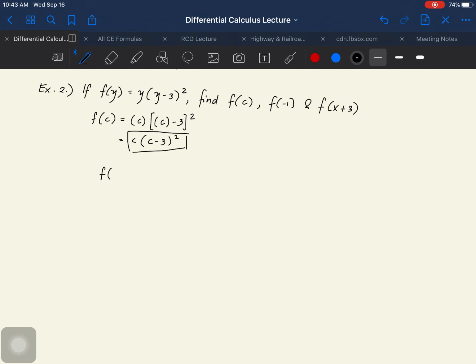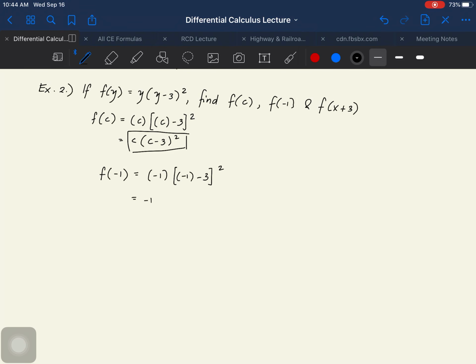So here, this is already the answer. As simple as that. The next one is f of -1. Again, we will be substituting a negative value inside the parentheses, of course. So your y there becomes -1. Then you have there -1 minus 3, then convert the parentheses there to a bracket, squared.